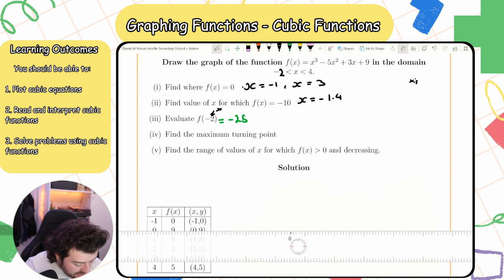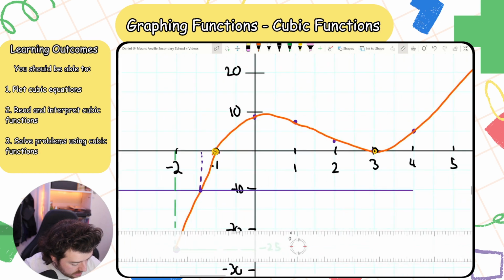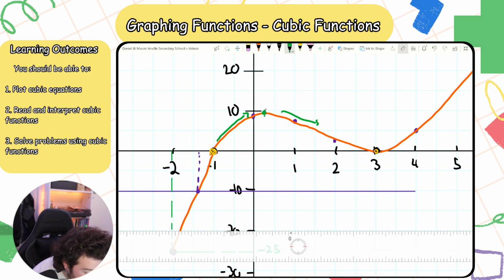The maximum turning point. So the maximum turning point would be this point up here. It's called a turning point because it goes from increasing to decreasing. And that happens around this point. Did I draw this graph well enough?